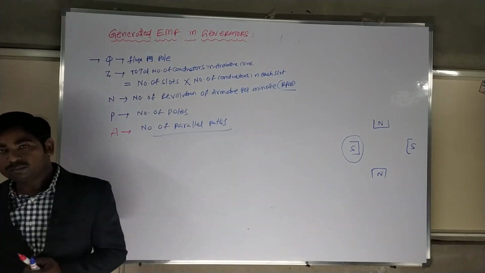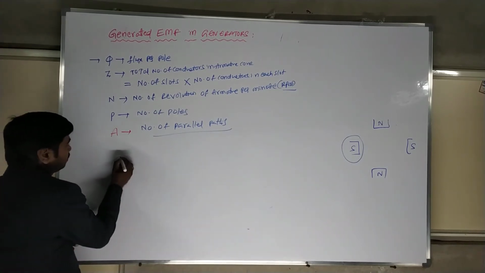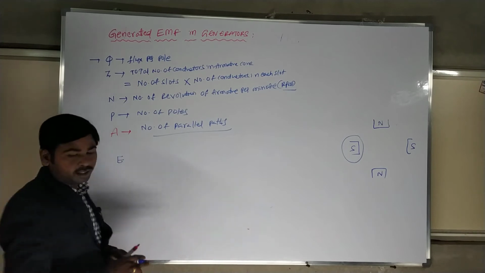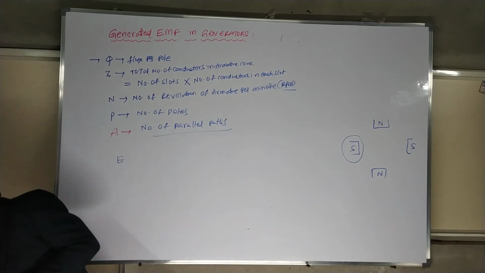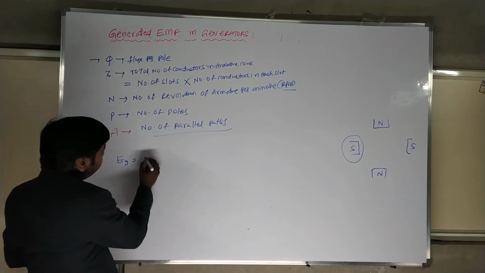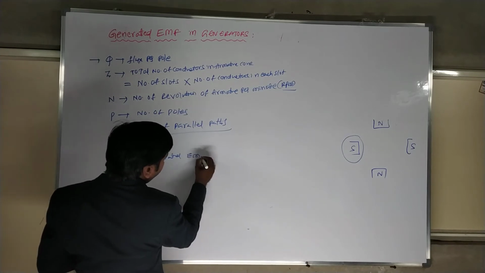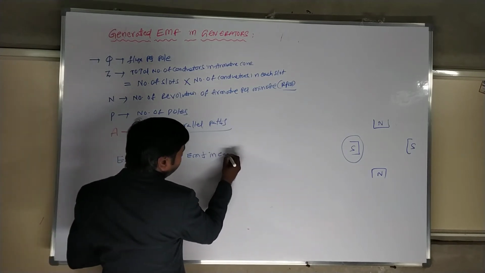Next, the number of parallel paths is over here. Let's come to the fundamentals. Now let us write E. E is the generated EMF, or required EMF.